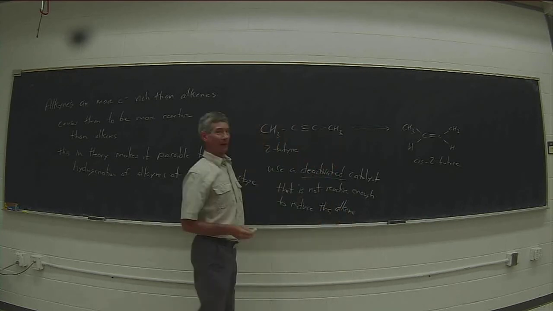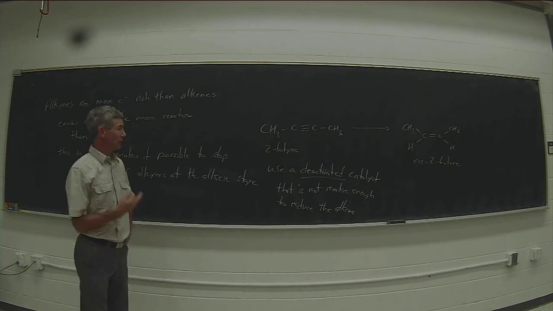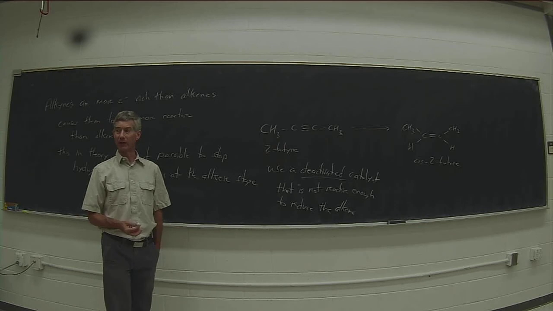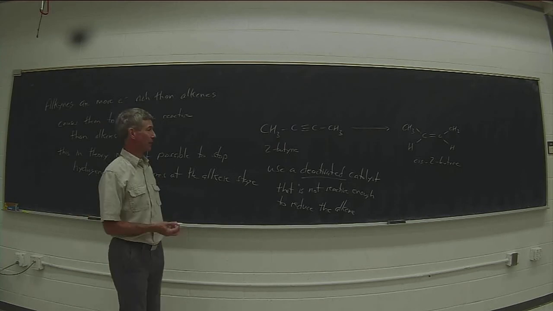And since we know that the alkyne is more reactive than the alkene, we know that it will be possible to design a catalyst that is only capable of reducing the alkyne and not capable of reducing the alkene.